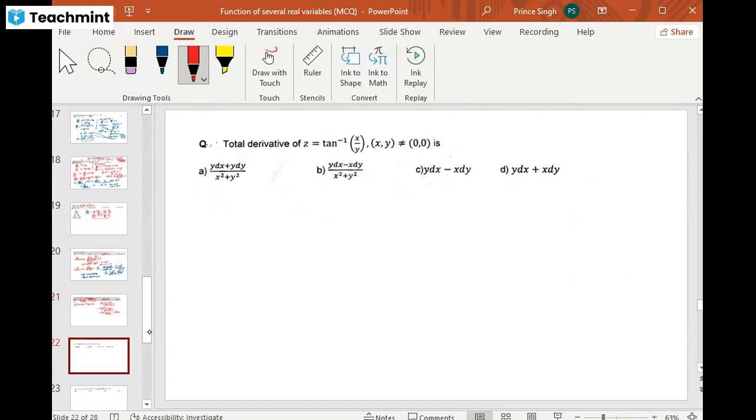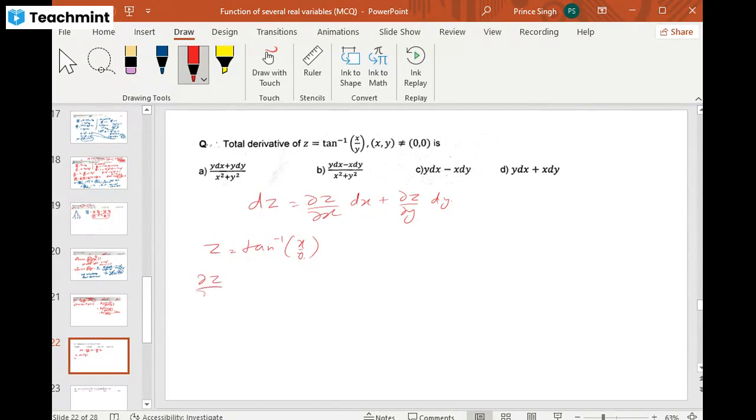Okay, the next question is based on total derivative. The definition of total derivative is, if z depends upon two variables, it is curly z upon curly x dx plus curly z upon curly y dy. What is z? It is tan inverse x upon y. So composition of the function.